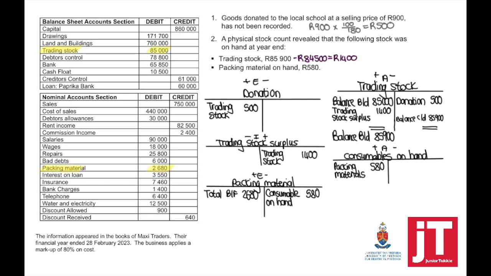At the end of the accounting period, after we've done all our adjustments, income and expenses must be closed off. It means donations will be closed off to the profit and loss account. Trading stock surplus will be closed off to the profit and loss account, and packing material, take the debit minus the credit. This is my expense for this accounting period.